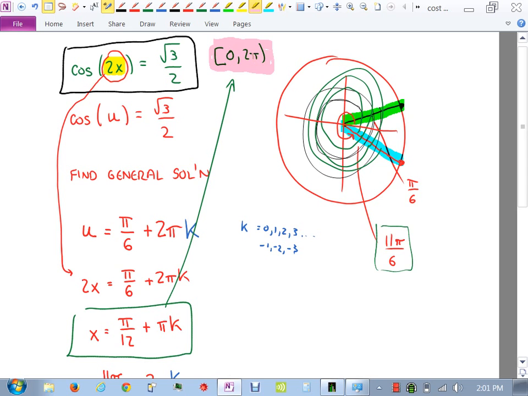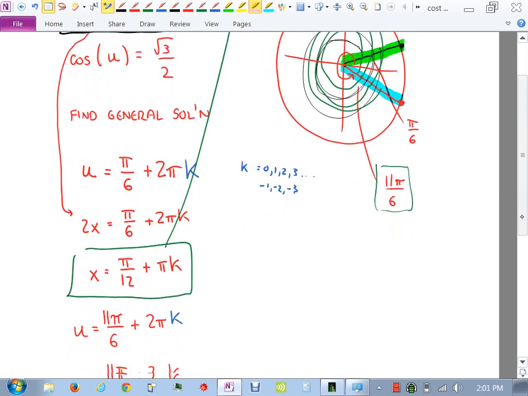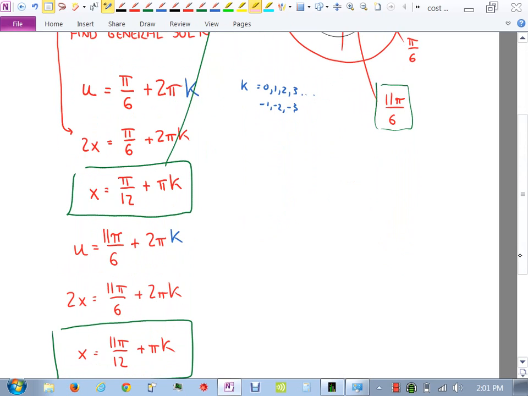So here's how we would do that. I'm going to start plugging in values of k. I'm going to take that first box here, and let k be 0. If k is 0, what would we get for x?